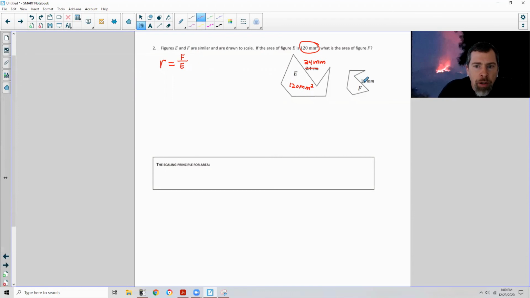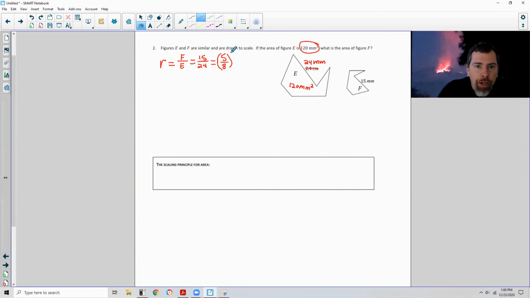We want the smaller number on top. So R is F over E, which is 15 millimeters over 24 millimeters. And 3 will go into 15 5 times. And 3 will go into 24 8 times. So our ratio is 5/8.